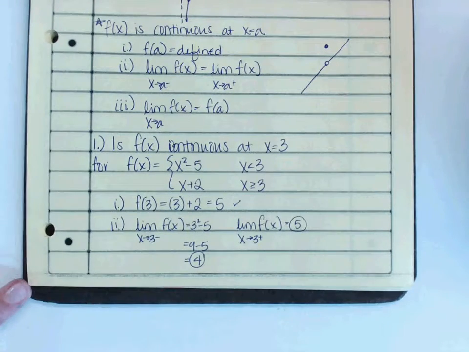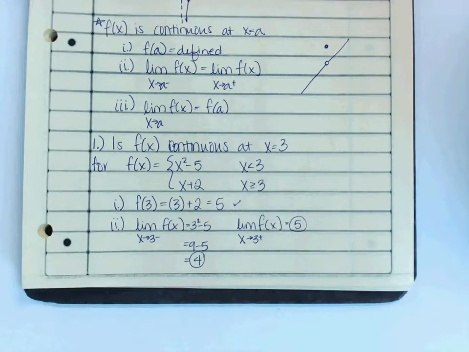Do I move on to step 3? No, because step 2 said that left and right had to be equal, and they're not. So at this point, you state your conclusion. Condition 1 was met, condition 2 wasn't. Put little 3 dots, you remember therefore from geometry?